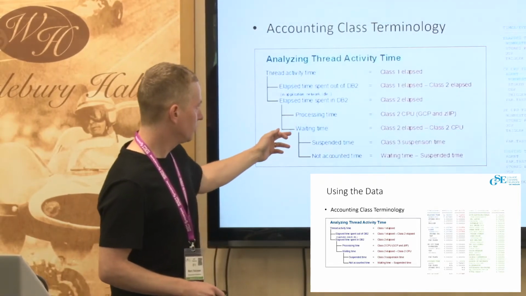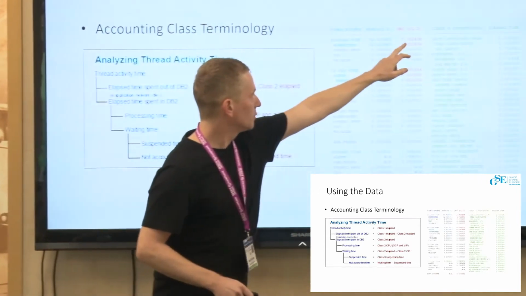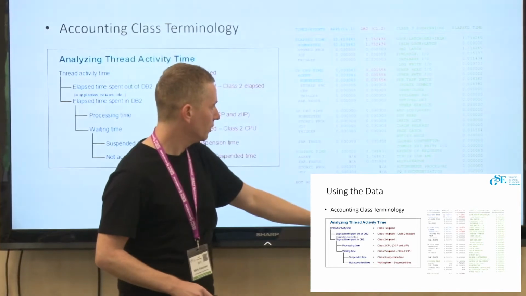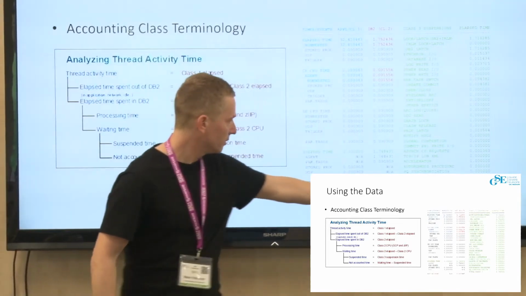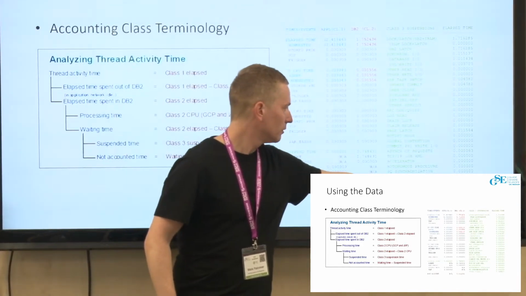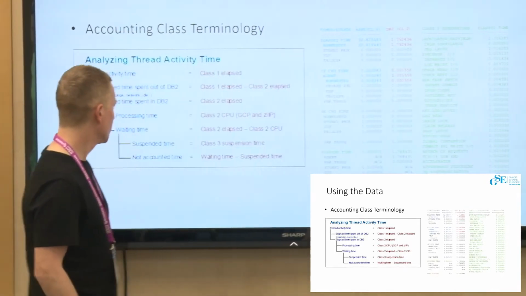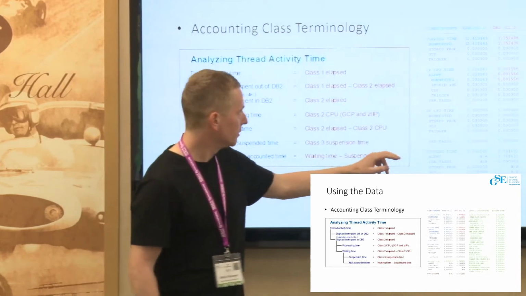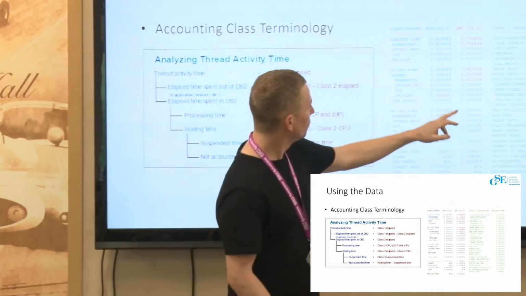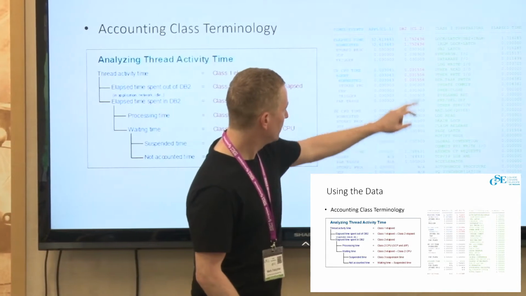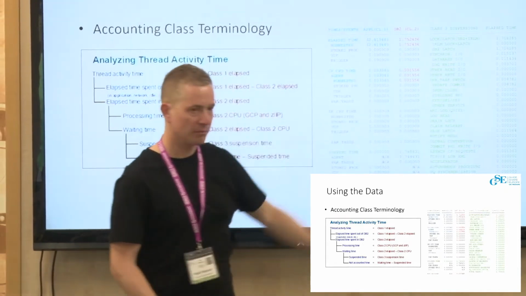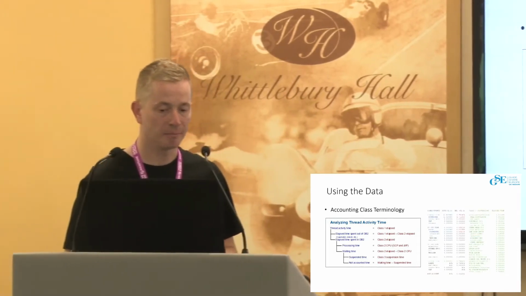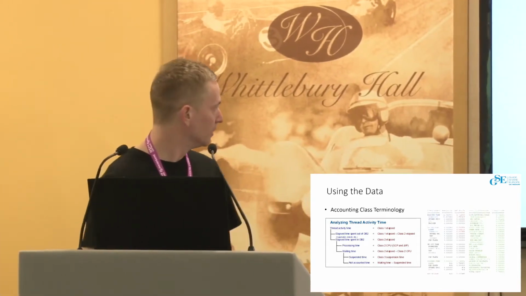You've got your waiting time, which is your class 2 elapsed minus class 1 CPU, and you'll see here that your total class 3 suspension time is in there. And then the not counted time is that plus that minus that, because there are some things in DB2 that DB2 doesn't keep track of, and that's your not counted time.